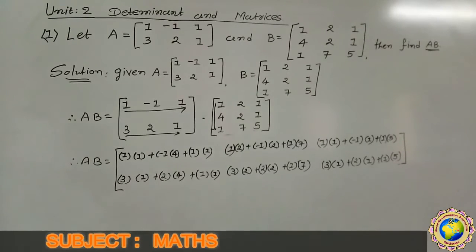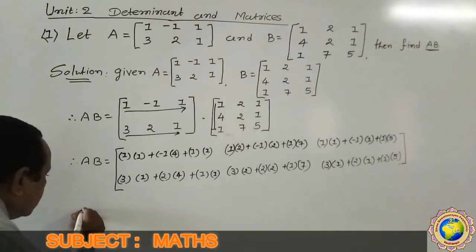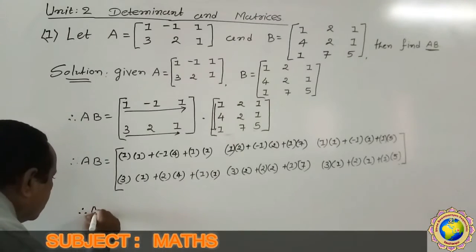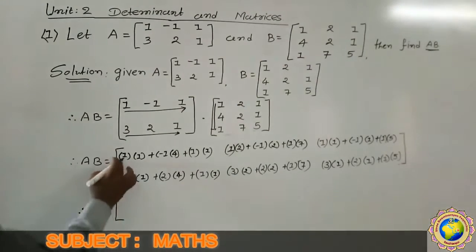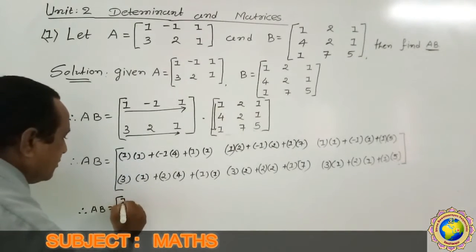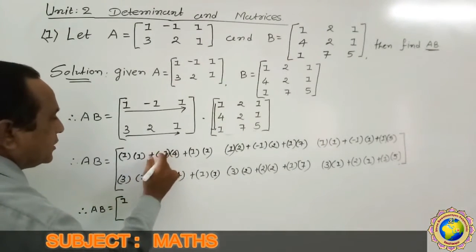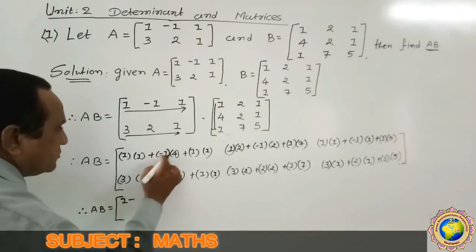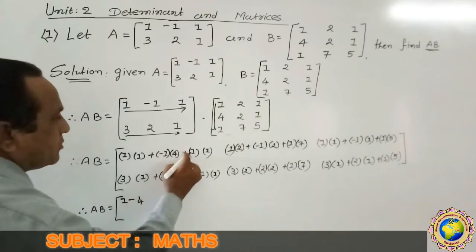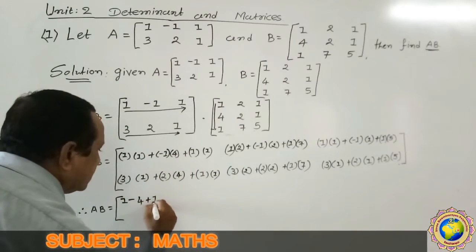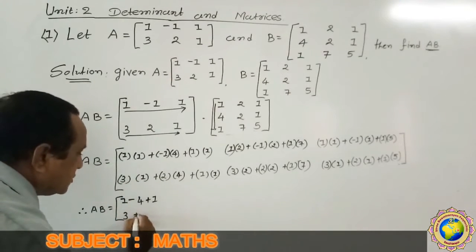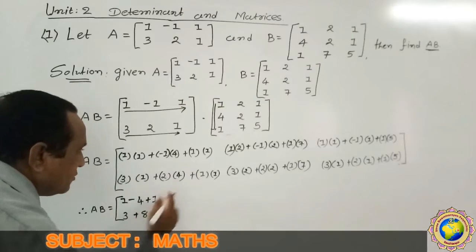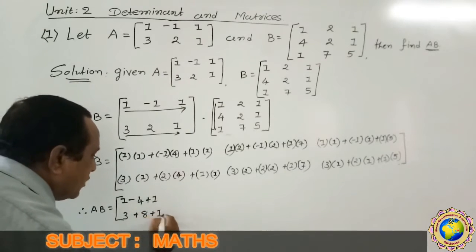So AB is equal to, simply multiply: 1 times 1 is 1, plus minus 1 times 4 is 4, plus 1. Similarly 3 times 4 is 8 plus 1.